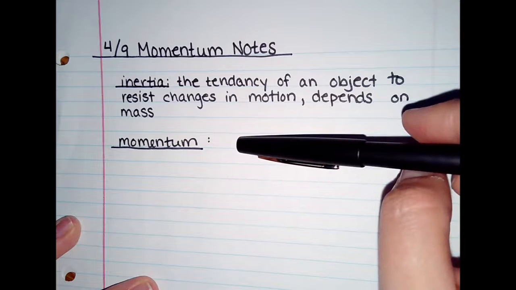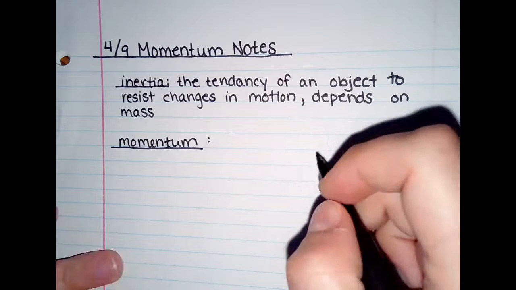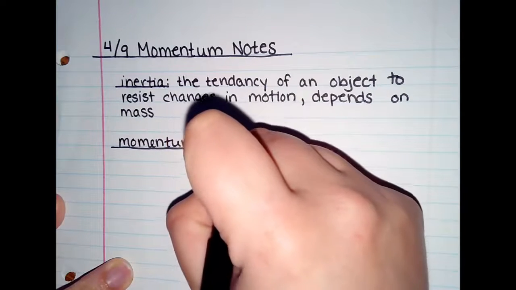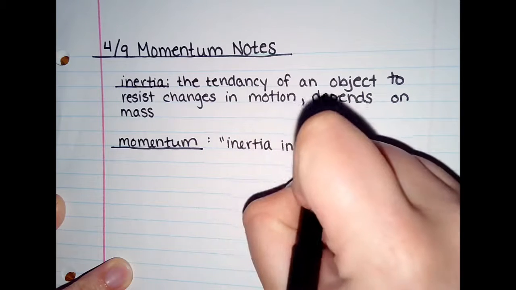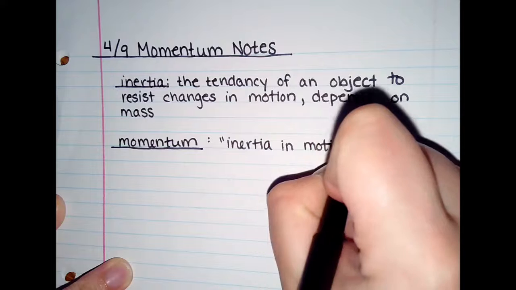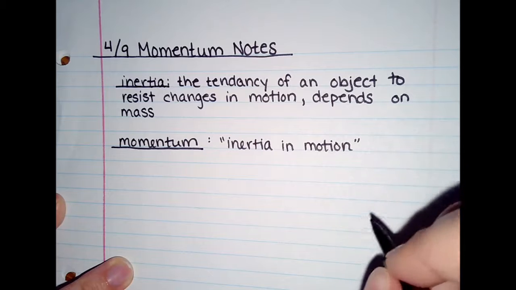You would never use the word momentum if something was just sitting there. So we say that this is inertia in motion. It depends on mass and velocity.